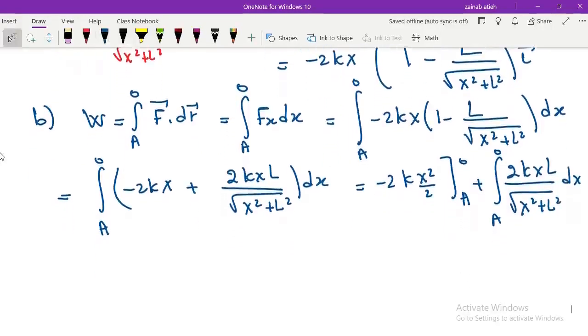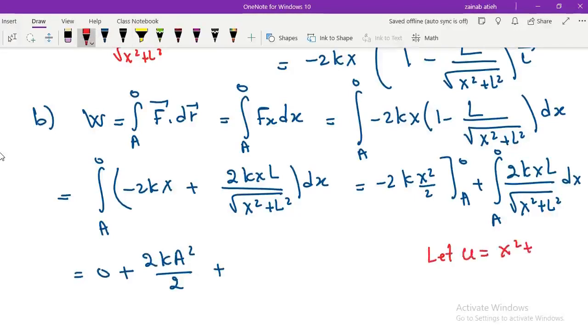For the first, I substitute 0, then a: minus becomes plus 2k a squared over 2. Plus this one, how do I do it? I take a change of variable. I will write here aside: let u equals x squared plus L squared, then du is equal to 2x dx.